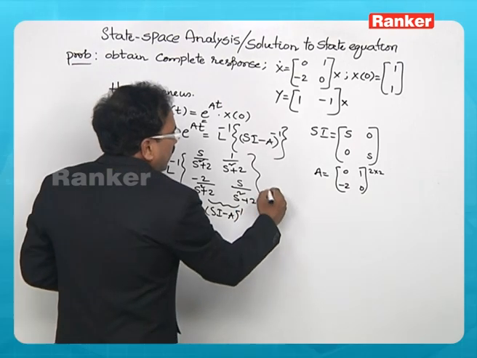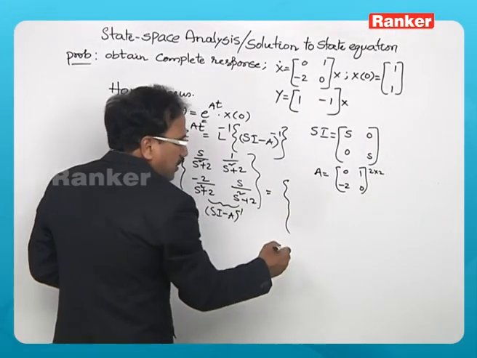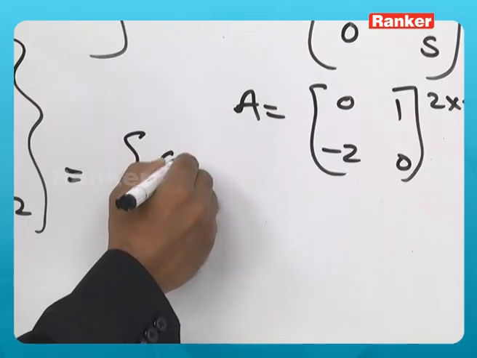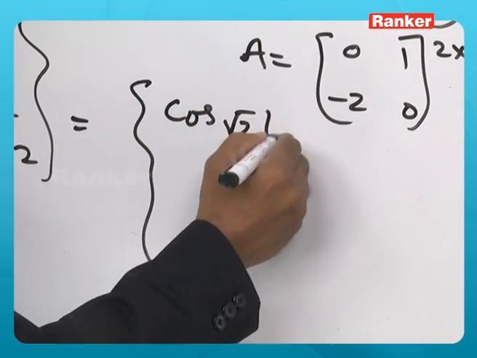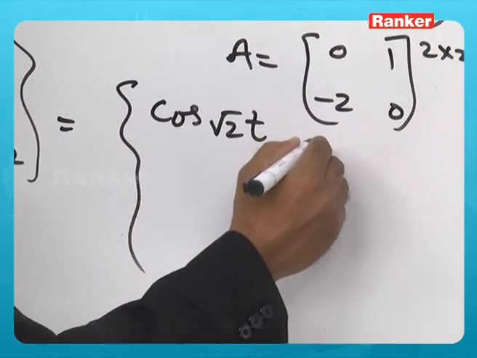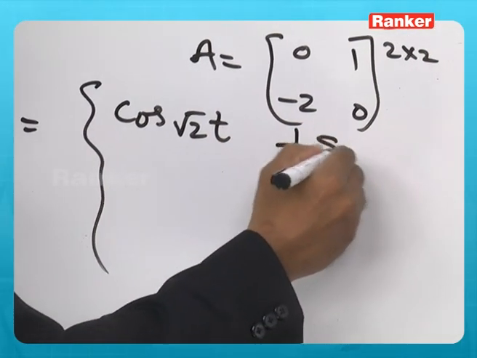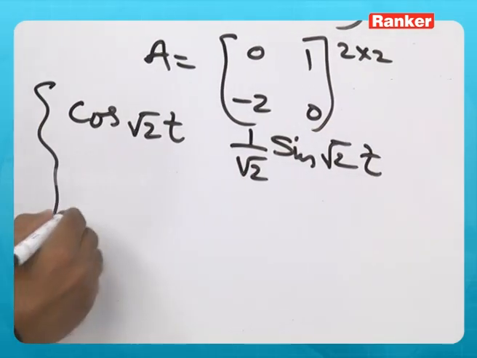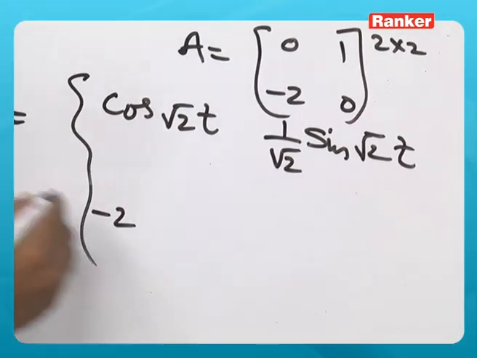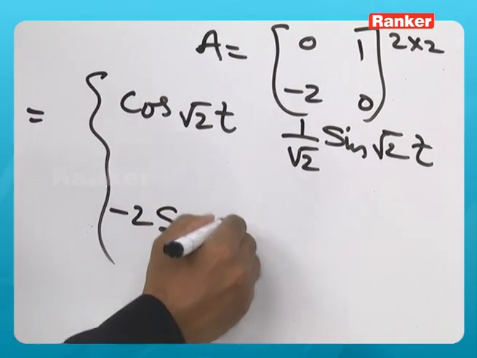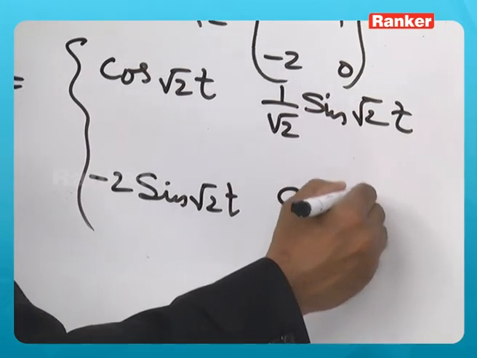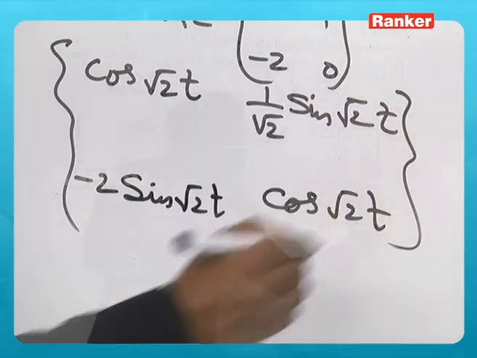This is given by the Laplace inverse of s by s square plus 2, which gives cos root 2 t, then 1 by root 2 sin root 2 t for the second term, minus 2 sin root 2 t, and cos root 2 t.